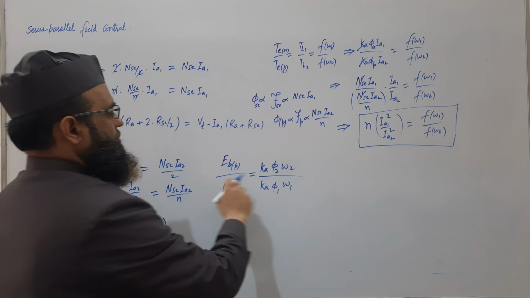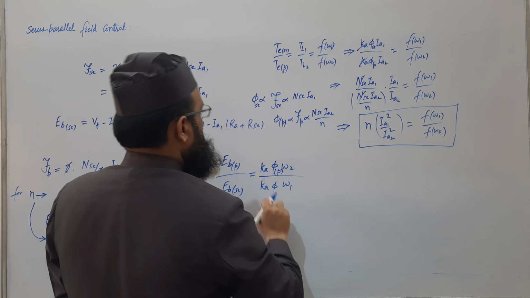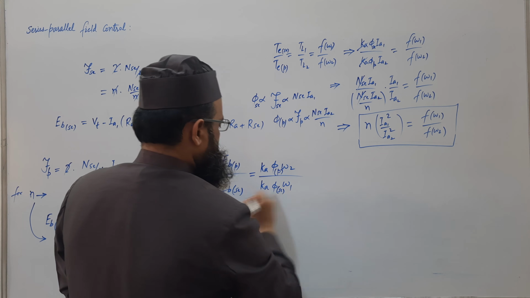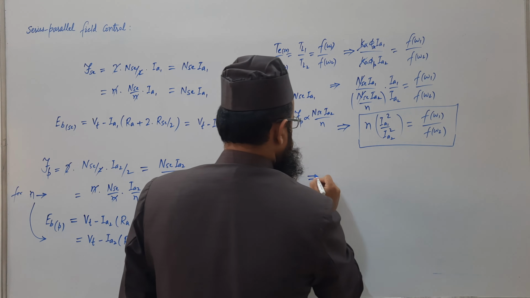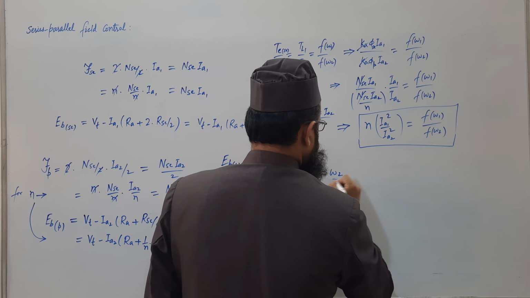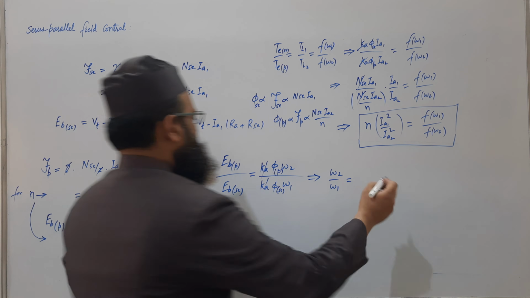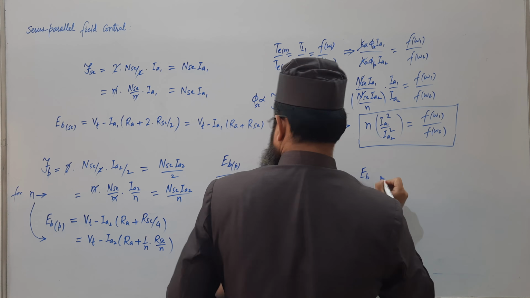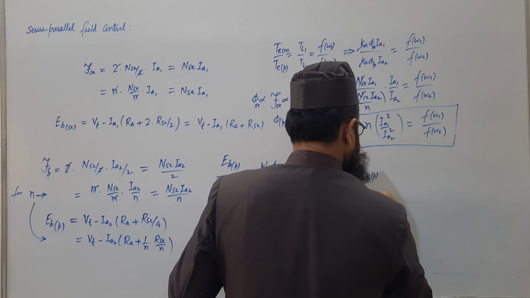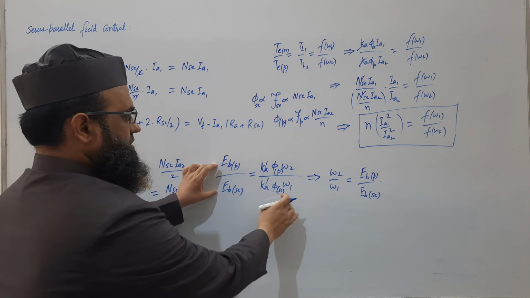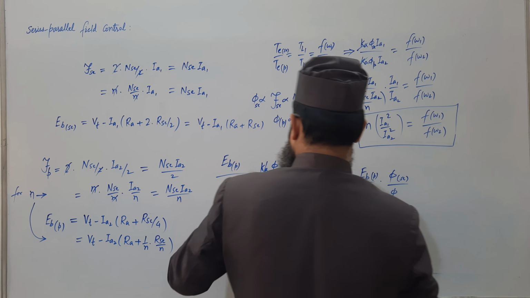Ka will get cancelled. So from here the ratio of the two speeds, omega 2 by omega 1, may be written as EBP upon EBSE times phi SE upon phi P.